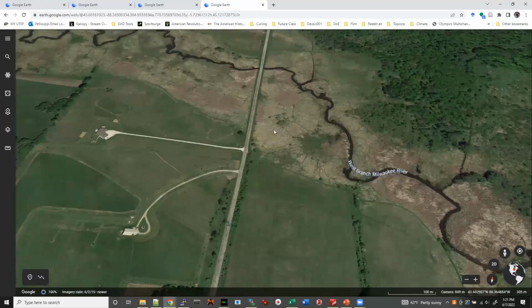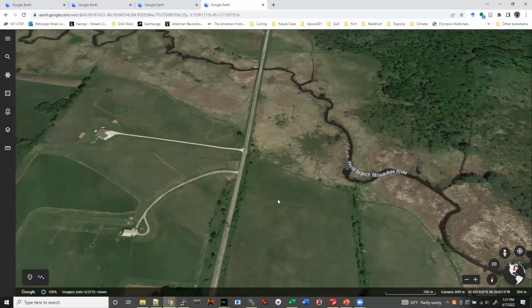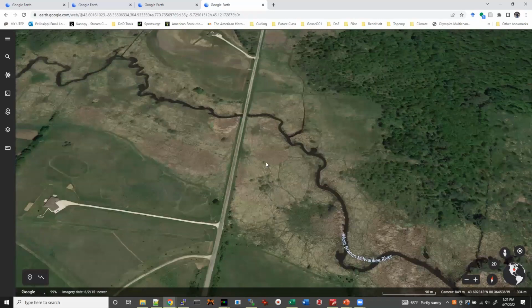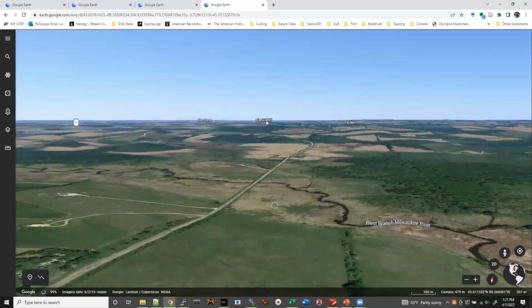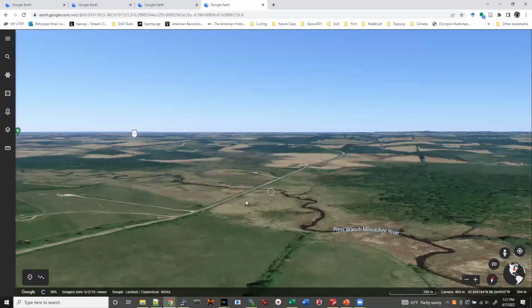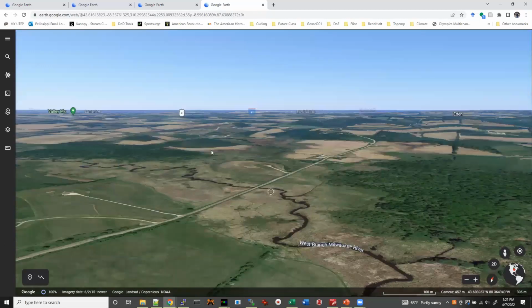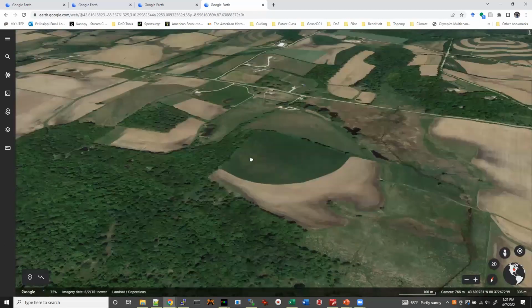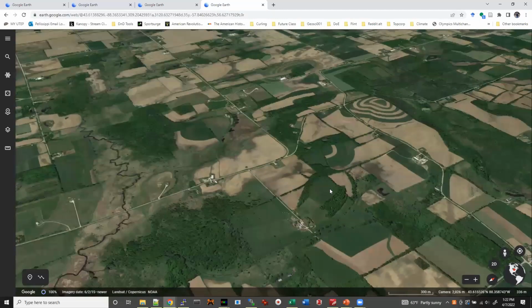So here we are above a farm field in Wisconsin, and if we tilt this view, we'll see that the whole surface is pockmarked in these sort of low mounds, some of which point in a particular direction. We'll see if I can find one that's got a good point to it. This would be a good example over here.